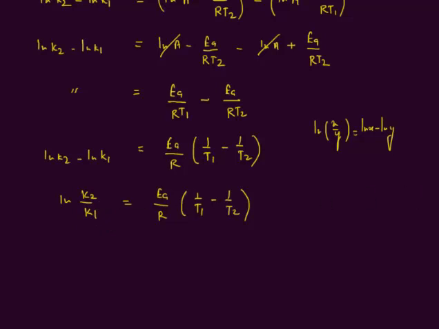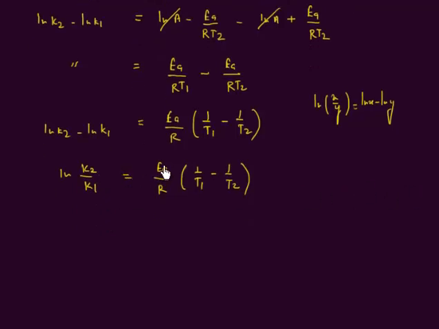And in this expression, you will find that Ea stands for activation energy. Activation energy is inversely proportional to rate constant because it is k2 upon k1. If it were k1 upon k2, we could say that it is directly proportional, but since it is given here as k2 upon k1, Ea is inversely proportional to rate constant.